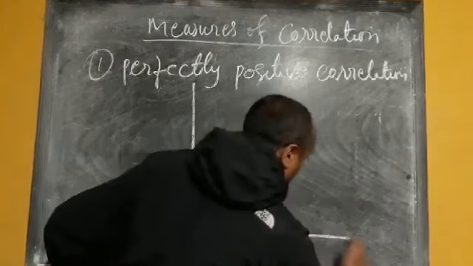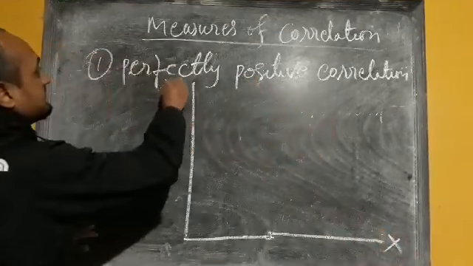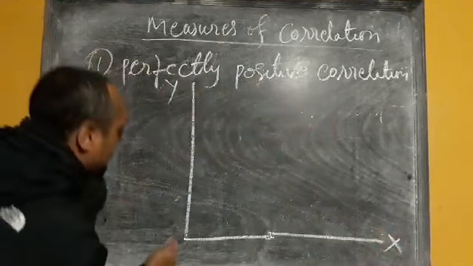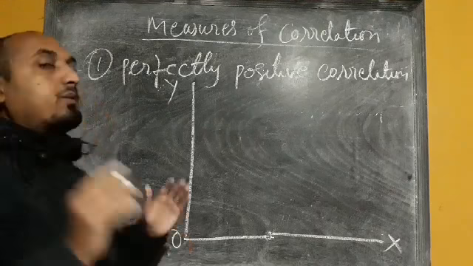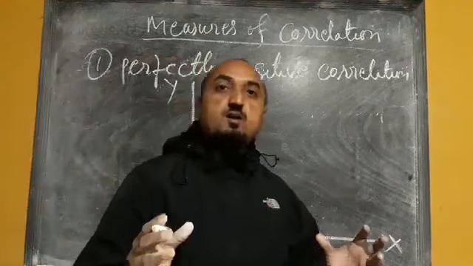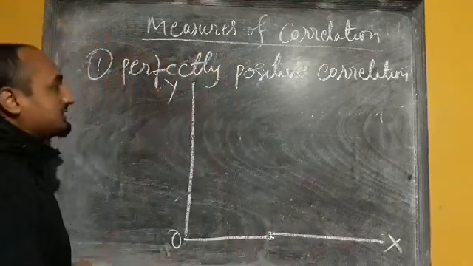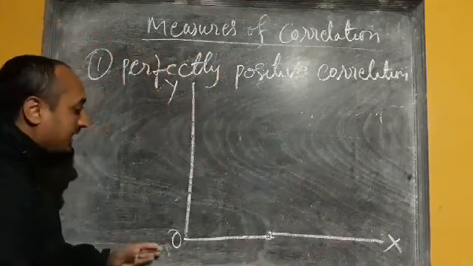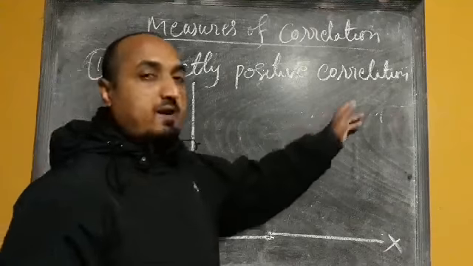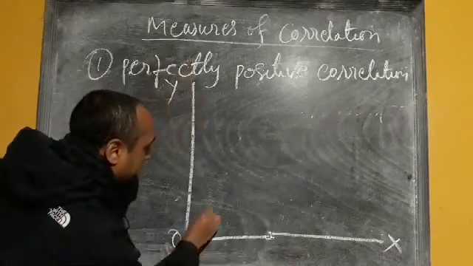Suppose this is your x-axis and this is your y-axis. This is our origin. Now when we plot these two variables, we can see that in the case of perfectly positive correlation, it will start from the left corner to the right. The points will lie in this direction.